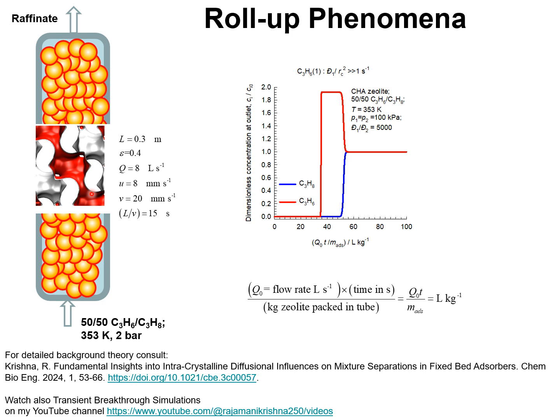And I undertake transient breakthrough simulations to investigate the different factors that influence the extent of rollup. The background theory is described in my paper that is cited here. Watch also my video presentation on transient breakthrough simulations on my YouTube channel.